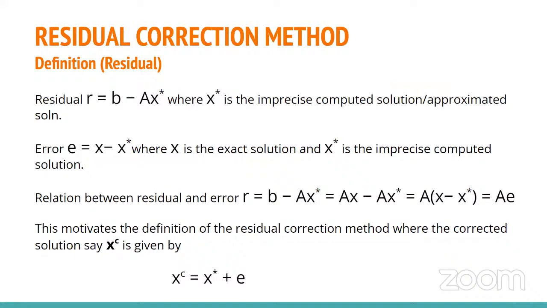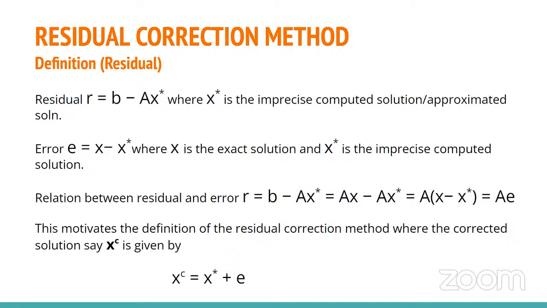Okay, so this is the continuation, the definition of the residual. The residual R equals b minus A x star, where x star is the imprecise computed solution. Imprecise means the approximate solution is not precise. The error e, which is a mathematical error, is the actual solution minus the approximated solution, that is x minus x star, where x is the exact solution.